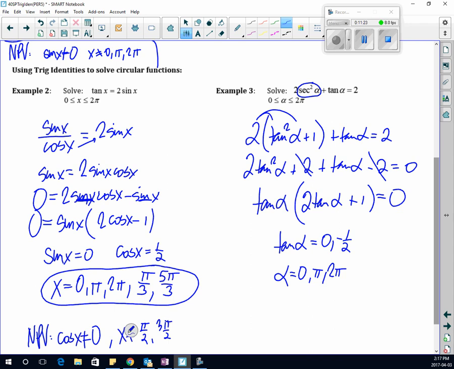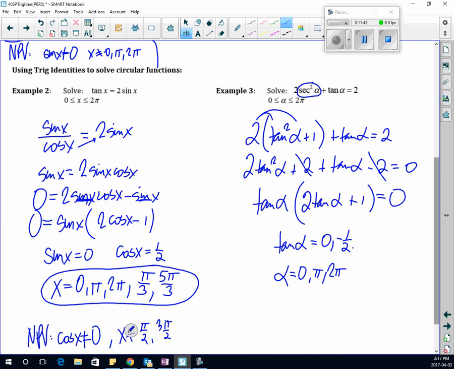So we're going to have to grab our calculator. And what is the process for finding the calculator portion of this? We ignore the sign, right, to get the reference angle. Make sure your calculator is in radians. Why does it have to be in radians? We're trying to find radians, it says.